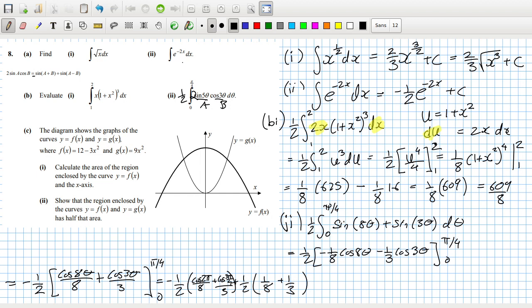Times minus a half. So that is minus 3 plus 4 root 2 over 48 plus 11 over 48.